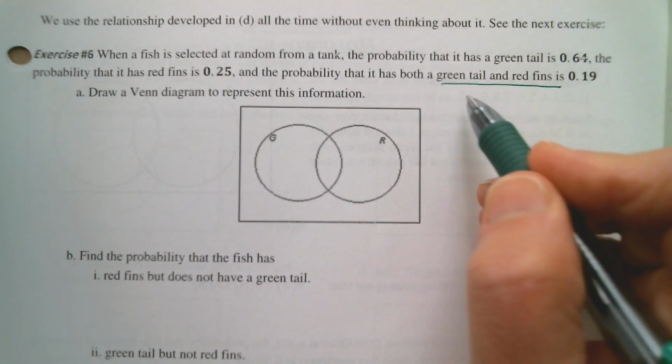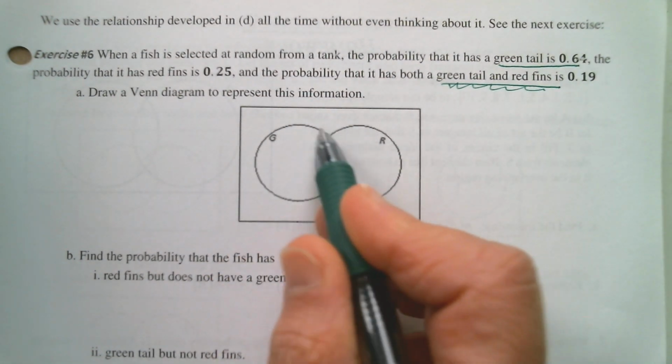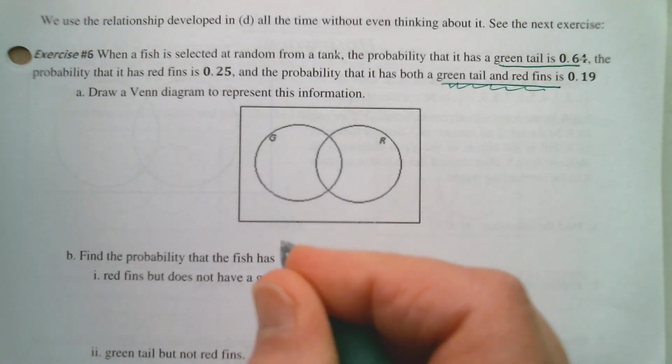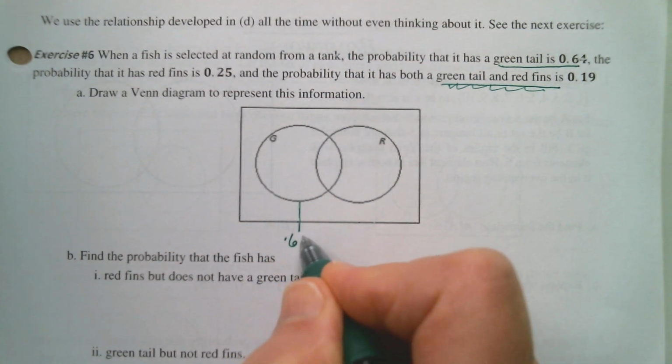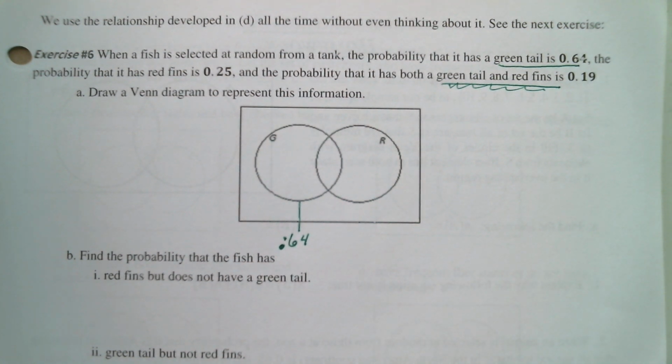A green tail is 0.64. So all of circle G for green is 0.64. Put that down there.